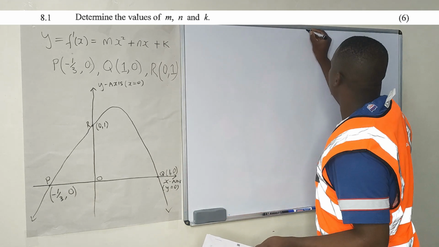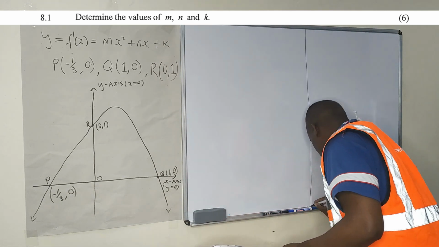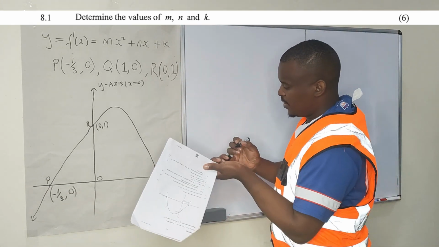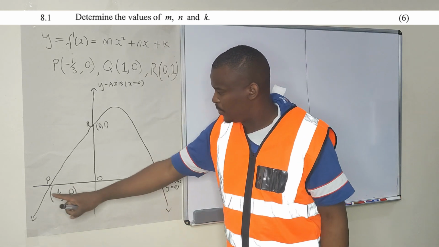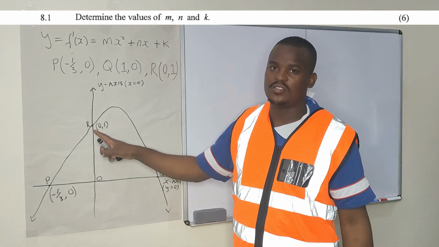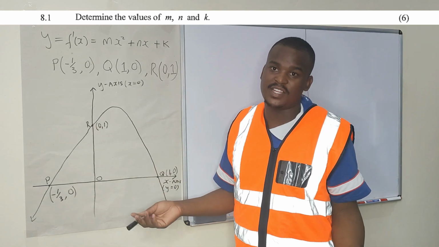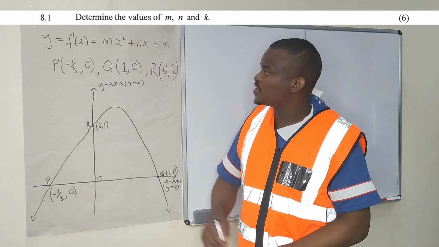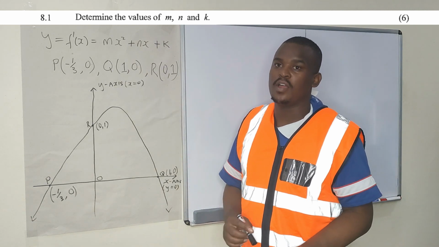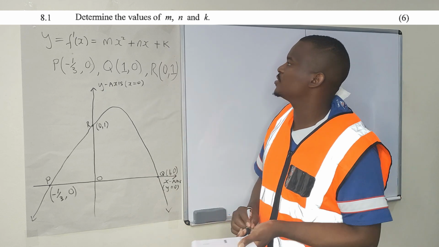That's what you're going to do here. We are given the x-intercepts, Q and P, and one more point, which is also an intercept, which is the best case scenario. So just find the equation of the parabola, then you know what your m, n, and k values are.